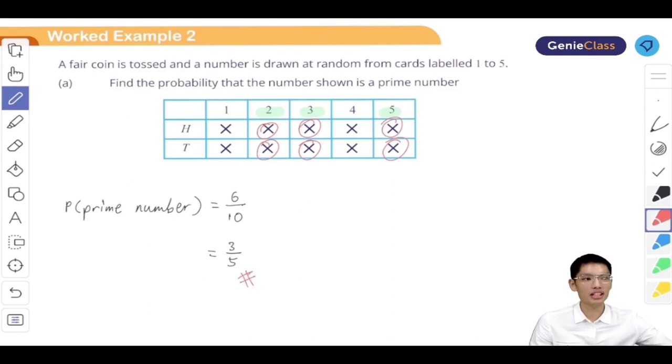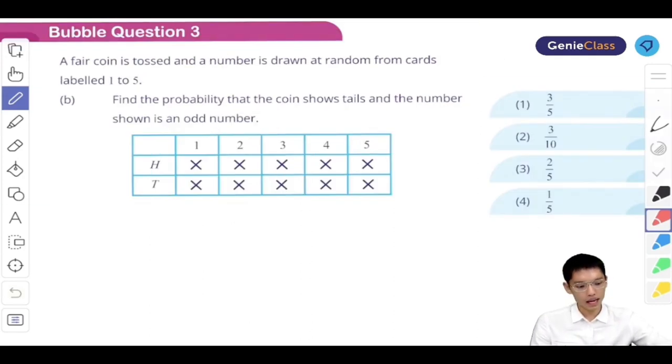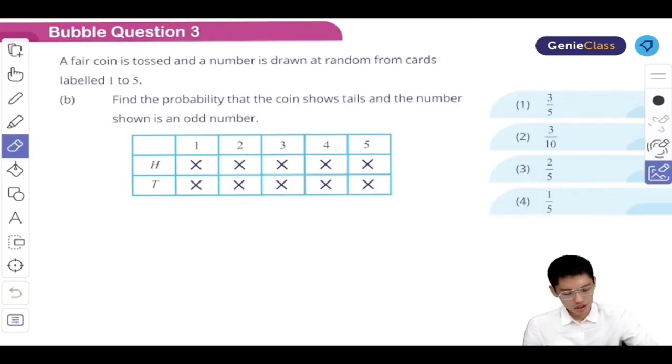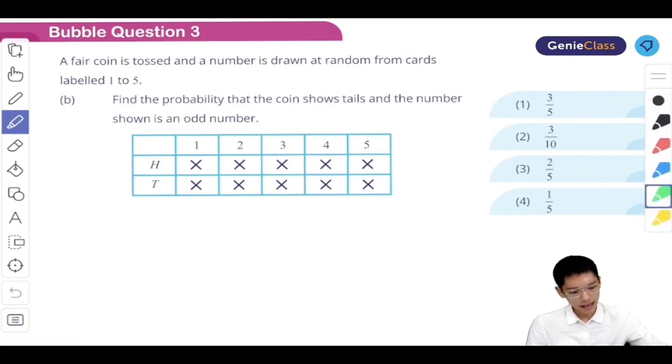Now, with regards to this, I restricted one option, but let's see if I restrict both of them. How will my probability change? Launching my bubble launcher in 3, 2, 1, let's go. Take note, there are now 2 restrictions: the coin shows tails, and the number shown is an odd number.